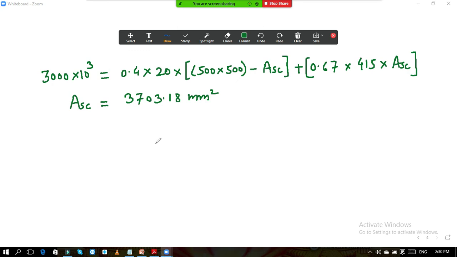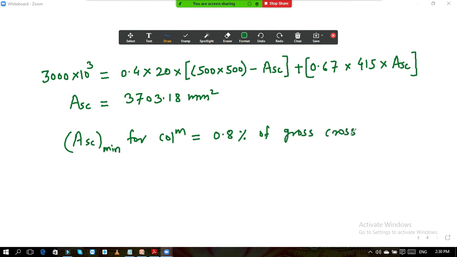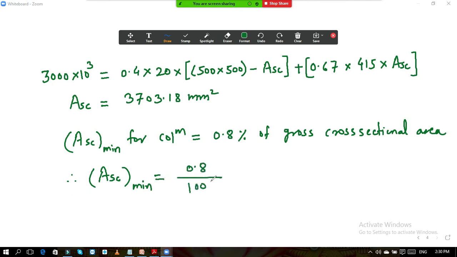ASC minimum for column, area of steel, is equal to 0.8% of gross cross sectional area. Therefore ASC minimum is equal to 0.8 divided by 100 into gross area.